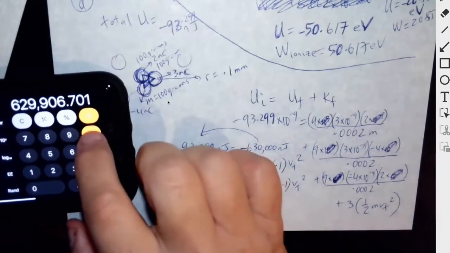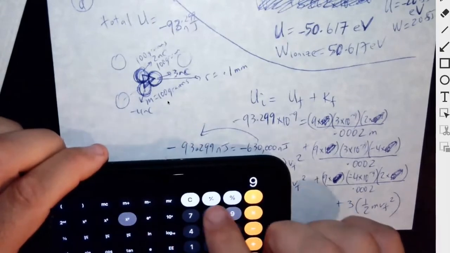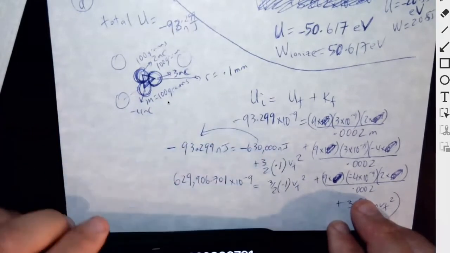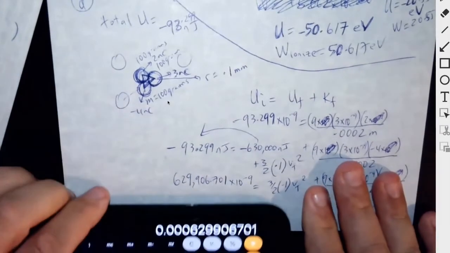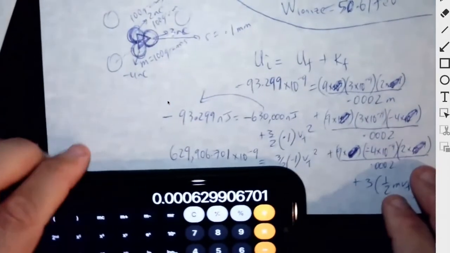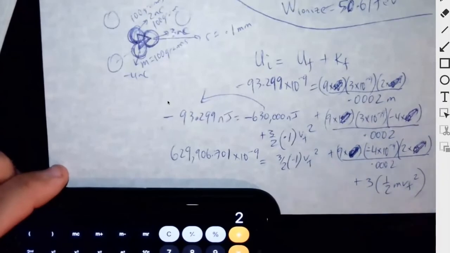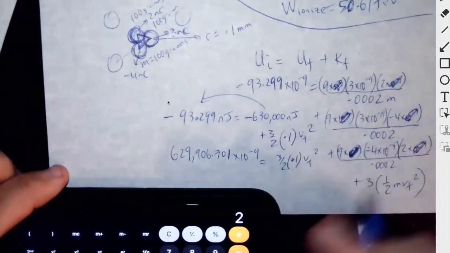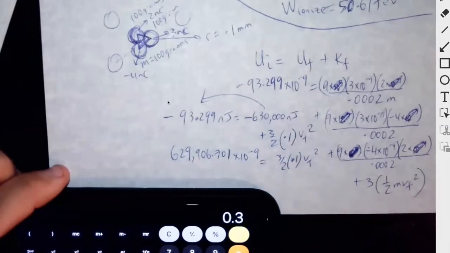Okay, so then I'm going to say times 10 to the power negative 9, times 2 divided by 0.3, then square root.